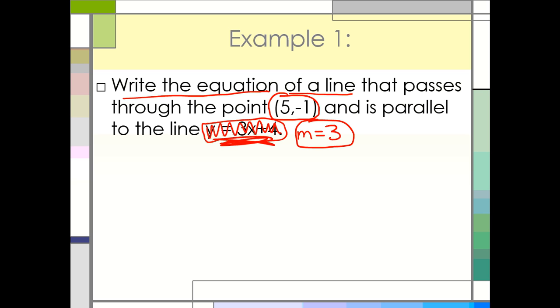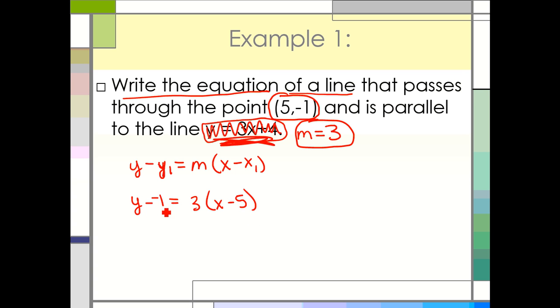So now we can go back to point-slope form, y - y1 = m(x - x1). If we plug in the pieces that we have, we have y - (-1) = 3(x - 5).